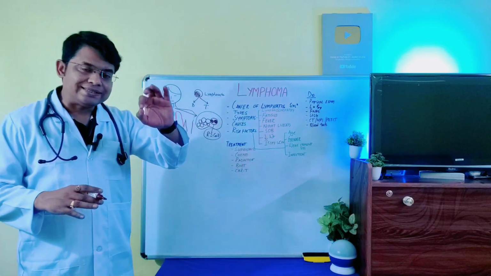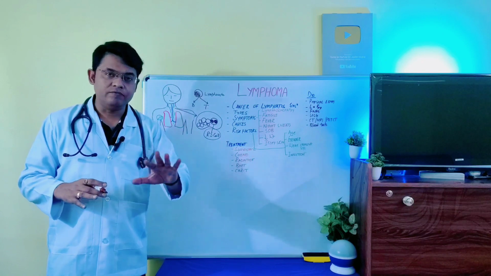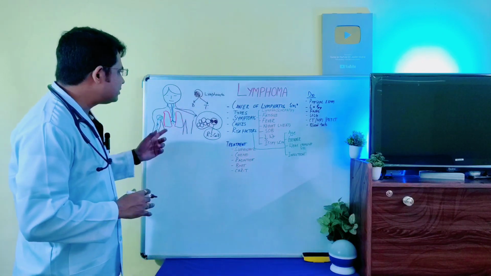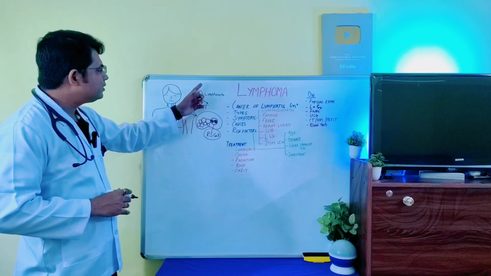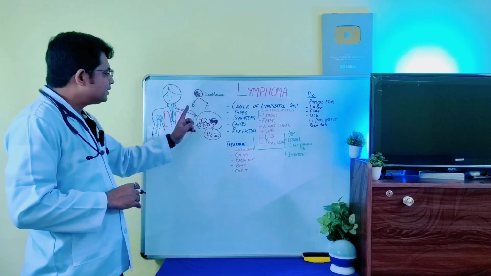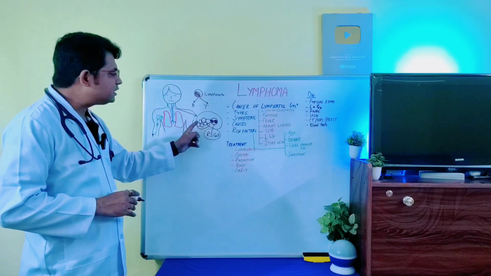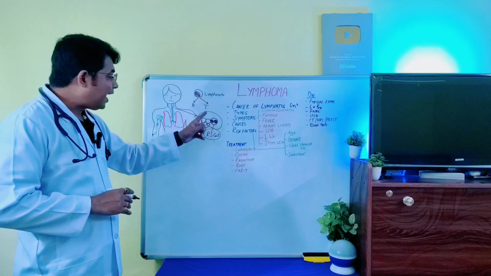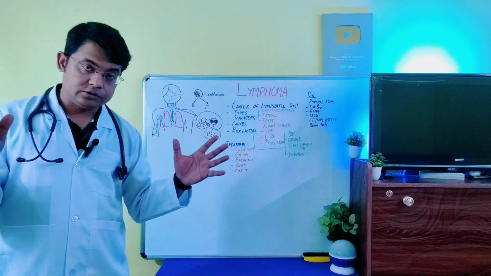Lymphadenopathy means there is abnormal size and shape of lymph node. So what happens in case of lymphoma? There is abnormal proliferation of the lymphocytes. The number of these lymphocytes gradually increases within the lymph nodes, and that makes those lymph nodes enlarge.